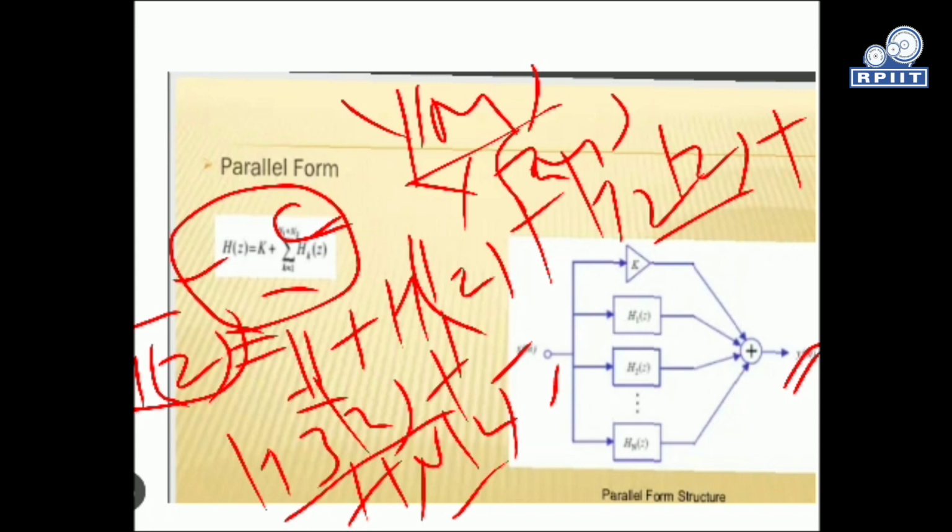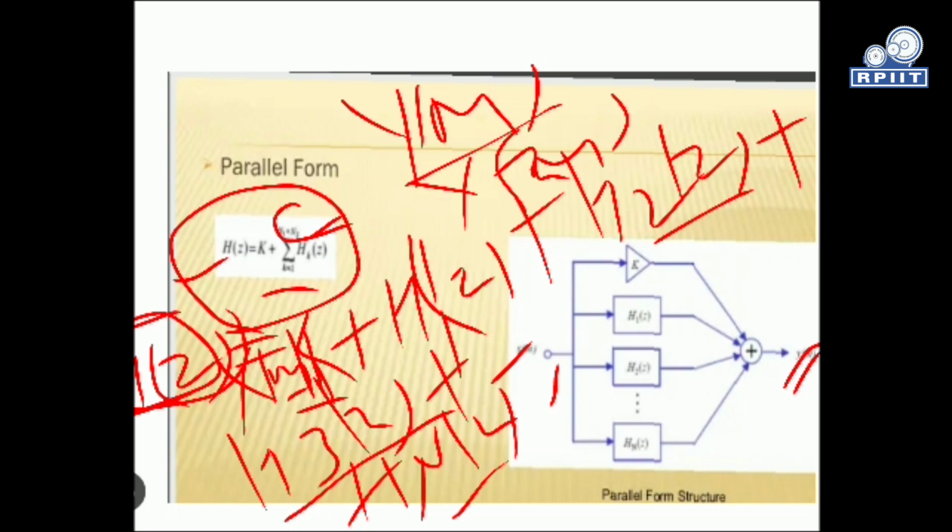If we consider k over here, then if we multiply this equation, Y(z) over X(z), then X(z) will be multiplied with all these factors. So X(z) times k, X(z) times H1(z), X(z) times H2(z), X(z) times H3(z), and so on.